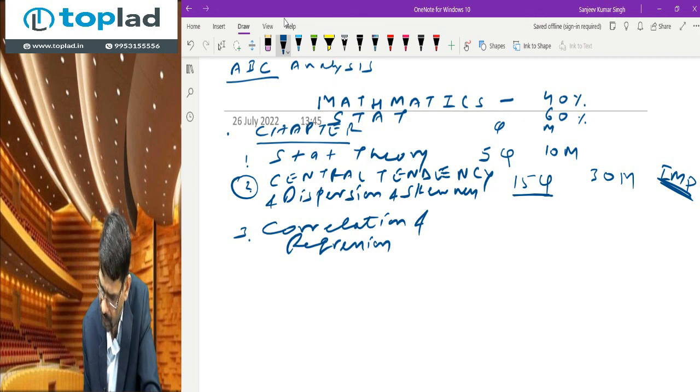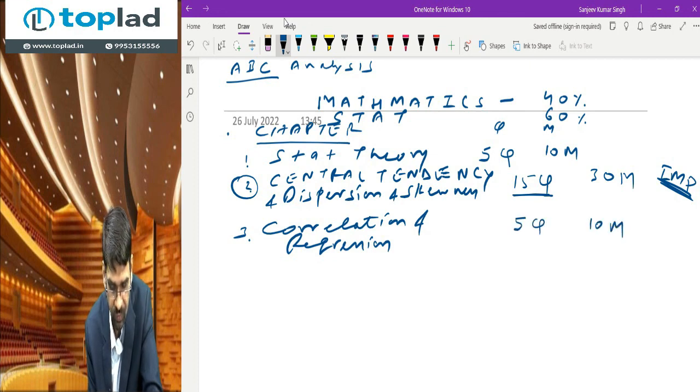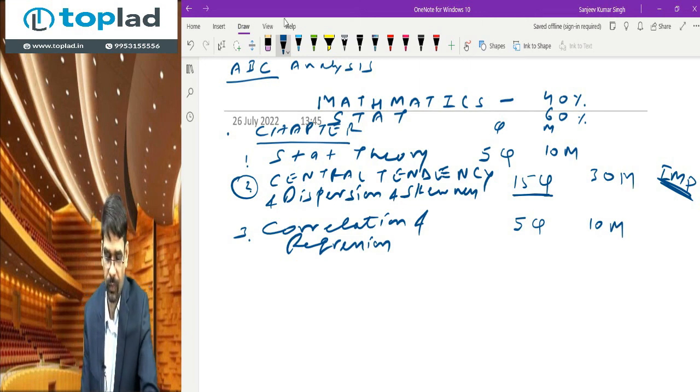Any guess how many questions? Can anyone attempt this? So, friends, our institute asked around 5 questions, which means 10 marks.